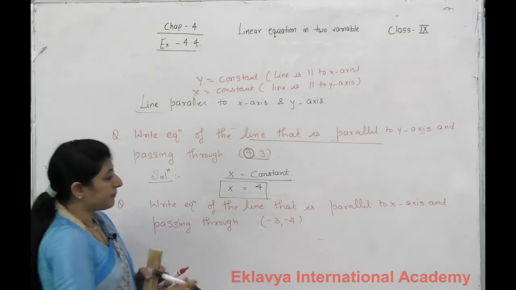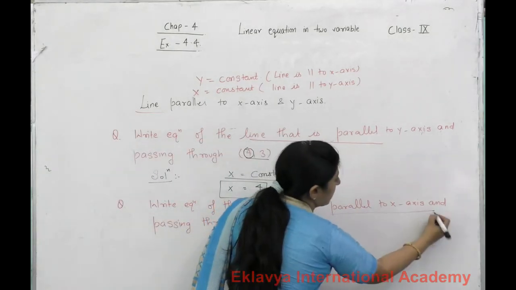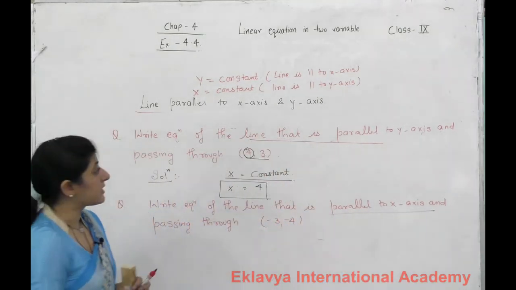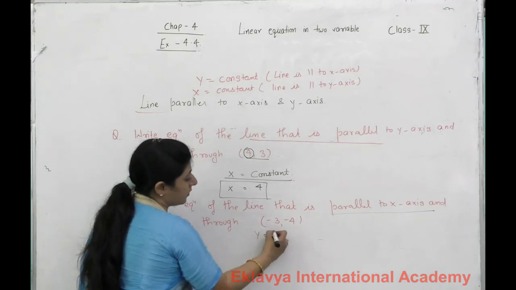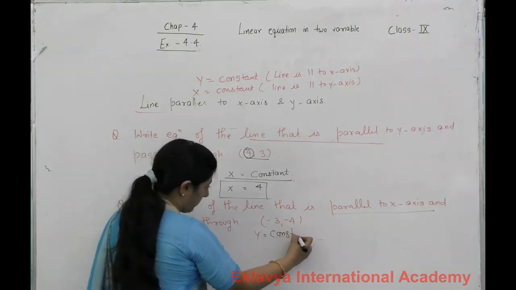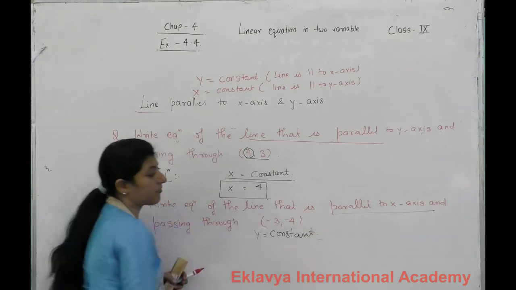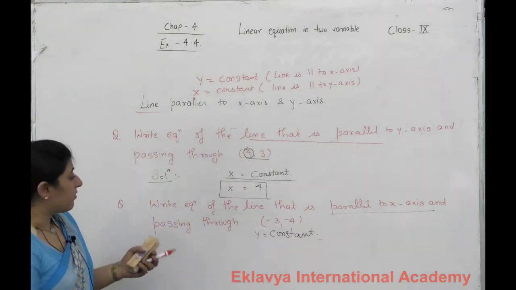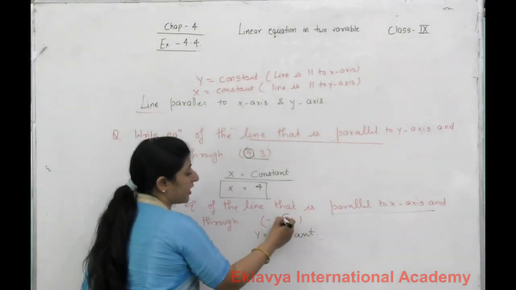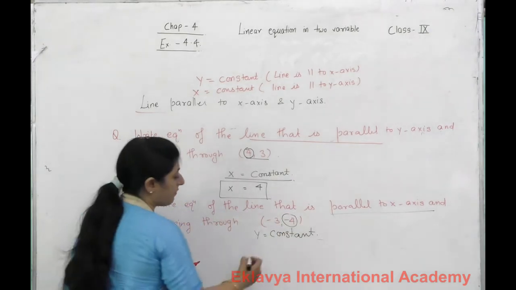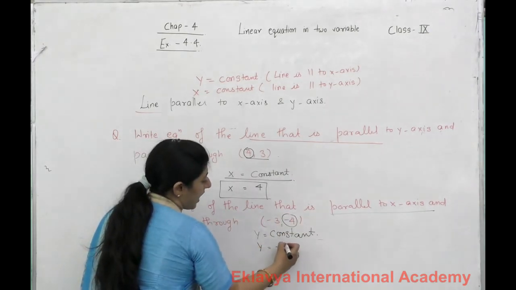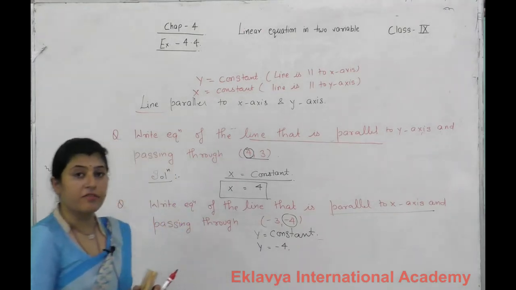Now you can see it is parallel to the x-axis. What is the meaning of parallel to the x-axis? That is y is equal to constant. Next, y is constant. Then what is the value of y here? -4. Then your answer is y is equal to -4.